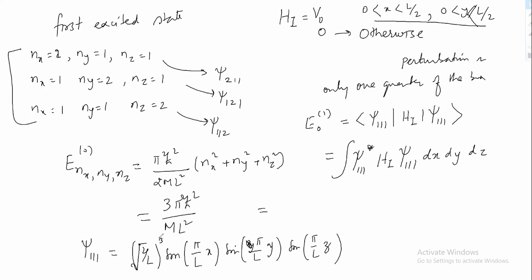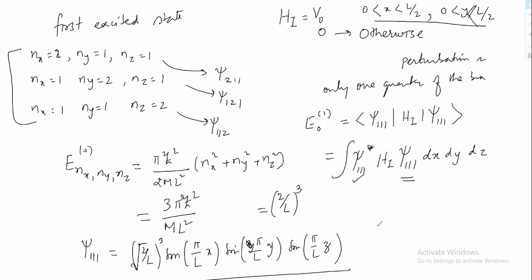Therefore, this will be root 2 by L to the power 3. Now you see, I will write this expression here, and again we will take root 2 by L to the power 3, and that means this will simply become 2 by L whole cube.